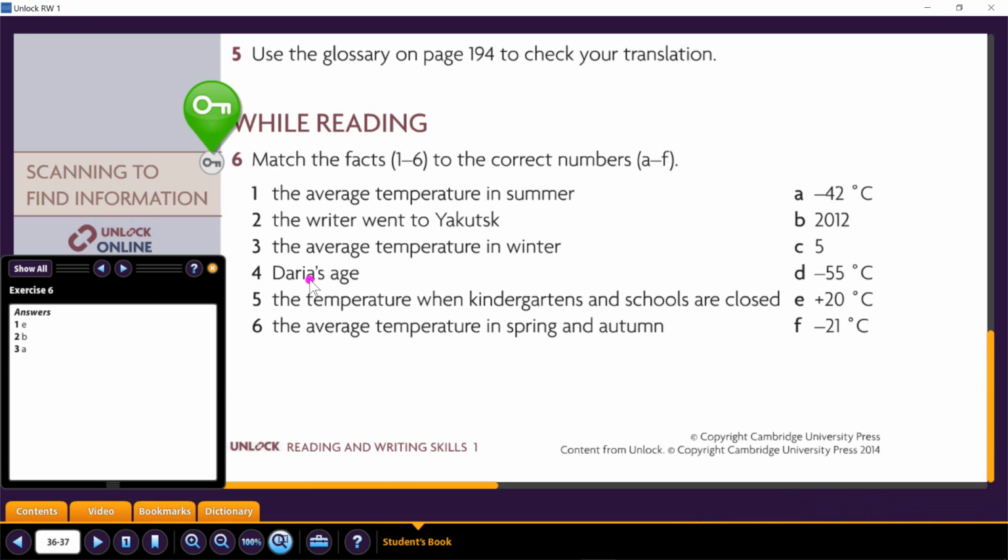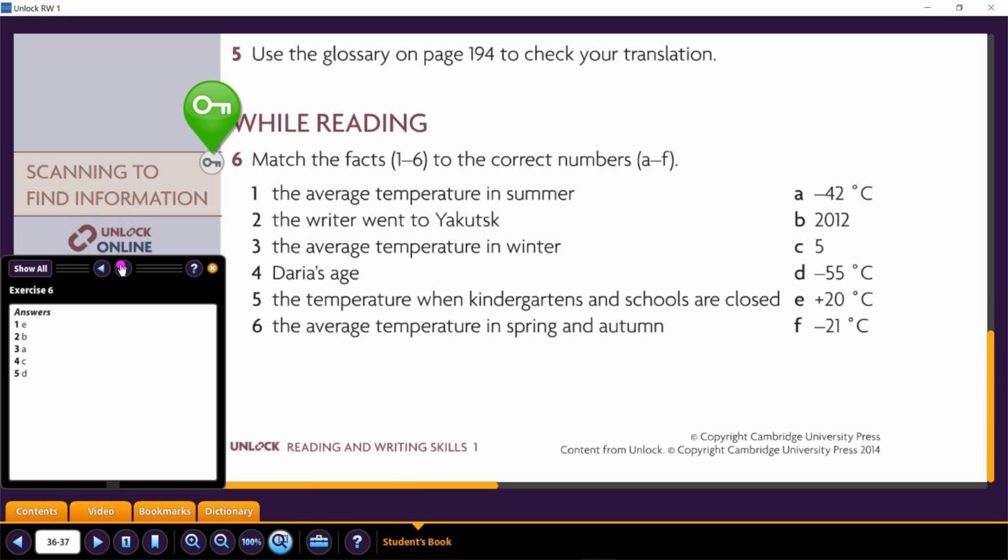Number 4, Daria's age. What do you think? These are temperatures, so it's obvious. 4 with the C. Number 5, the temperature when kindergartens and schools are closed.